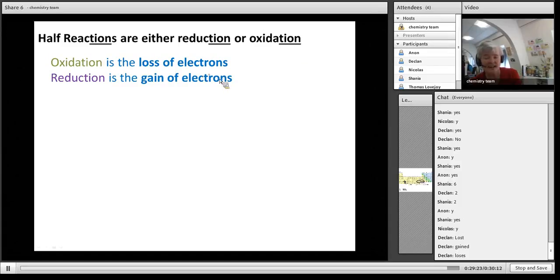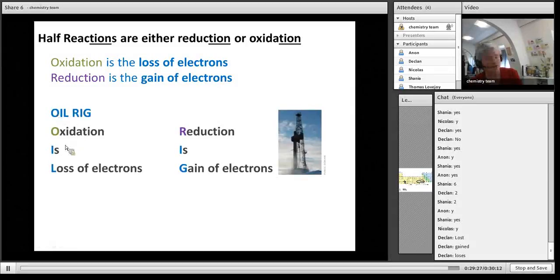If it ends in -ent, it's a reactant. For reduction you can use OIL RIG to help you remember. Oxidation is a loss of electrons. But remember, we're talking about the reaction. So if in the reaction it's showing a gain of electrons, it's a reduction. The reductant is the -ent, not the -tion. I hope that makes it sort of clearer.